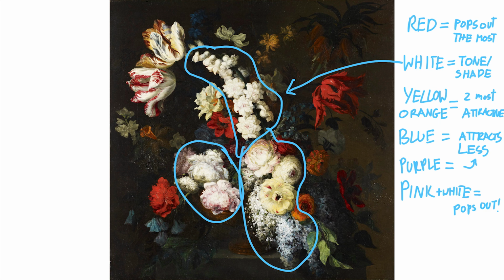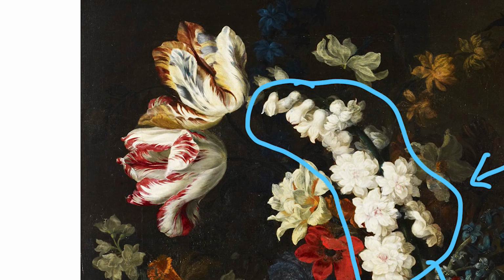And then this painting is really interesting because if you look at the flowers on the top left corner, that one is a mixture of white, and then we have one that has stripes of red, which also attracts our attention because it's a balance of white and red, which is perfect because those are the 2 most attracting tones and colors that we discovered.